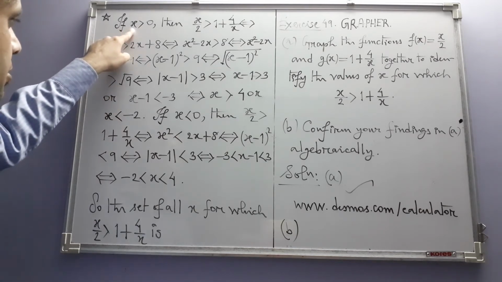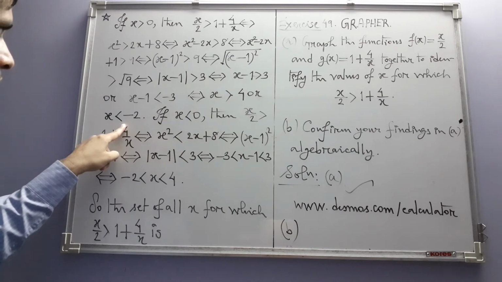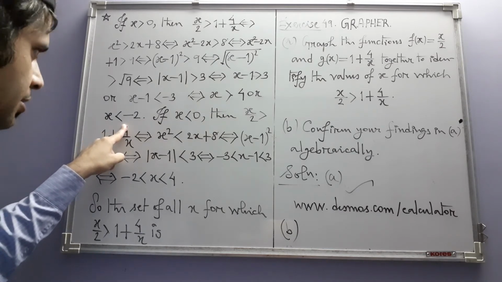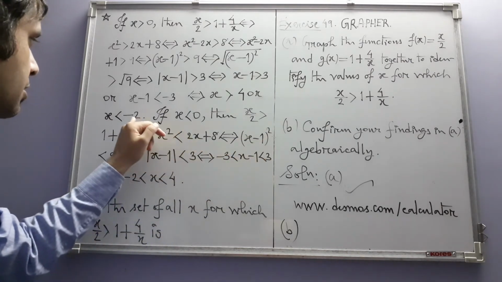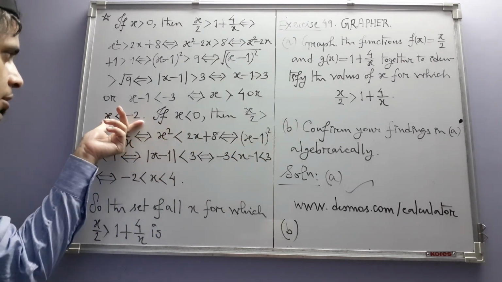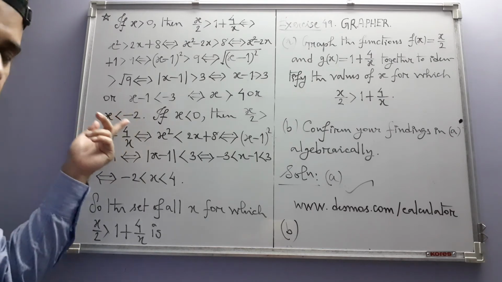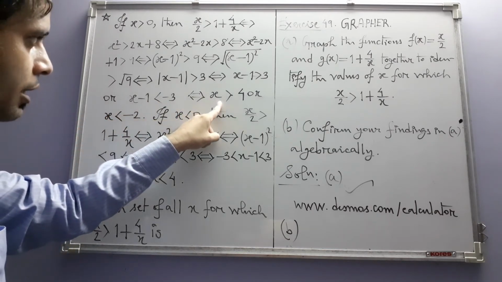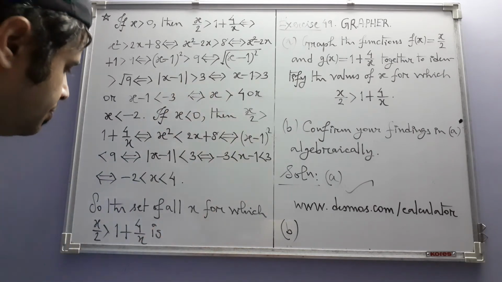In this case, we obtain these two inequalities. That means if x is positive, then either x is greater than 4 or x is less than minus 2. This one clearly is not true, because if x is positive, x simultaneously cannot be negative. So when x is greater than 0, x has to be greater than 4.